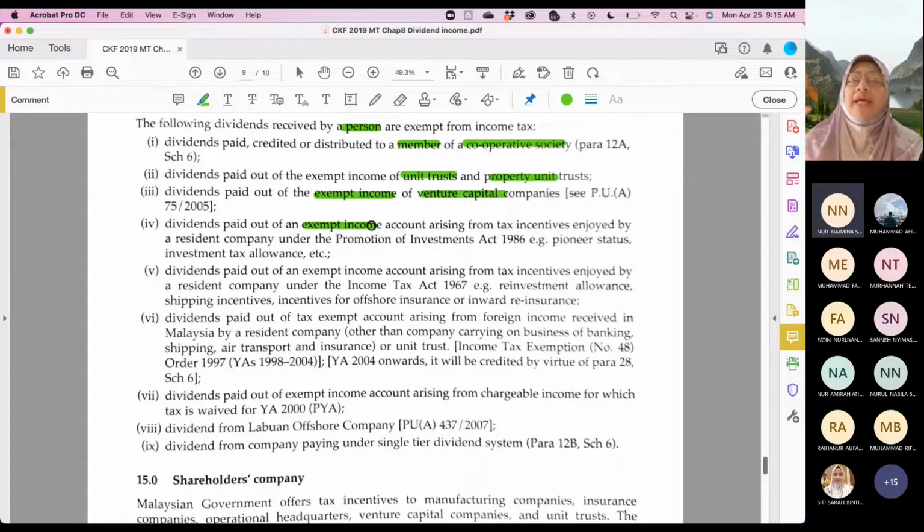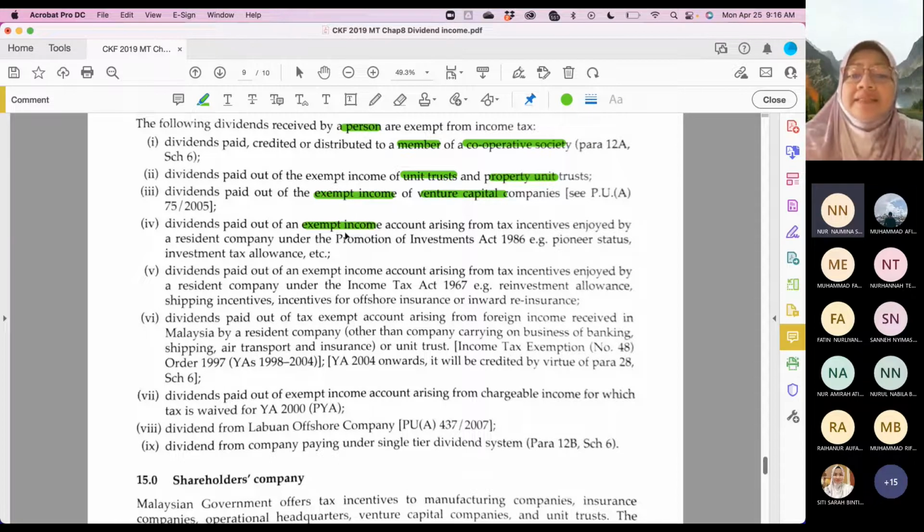If the company goes under any tax incentive, it means that they may not have to pay tax on a certain income. So any income which is exempted from tax under tax incentive goes into what we call the exempt income account. And under this exempt income account, the company can pay out dividend. And any dividend paid out of exempt income account is exempt dividend.